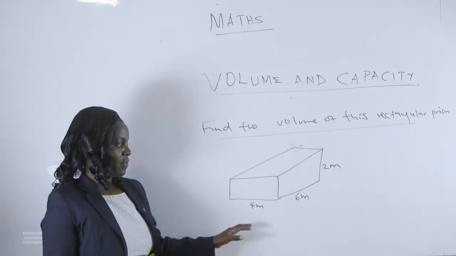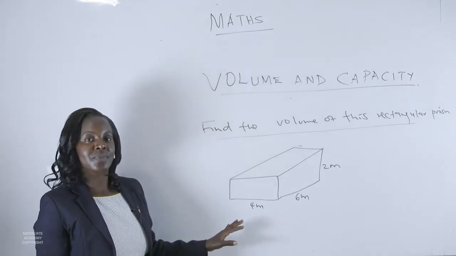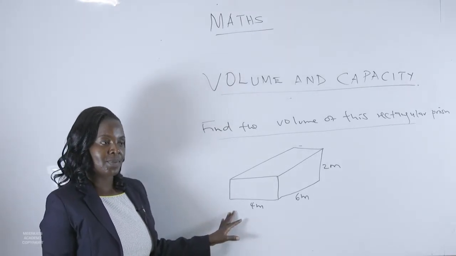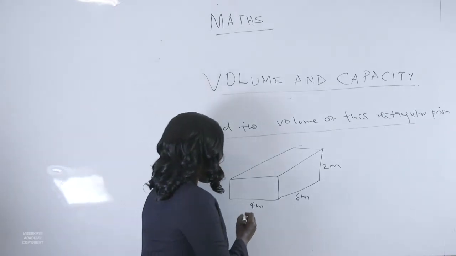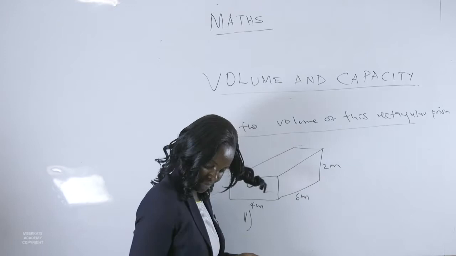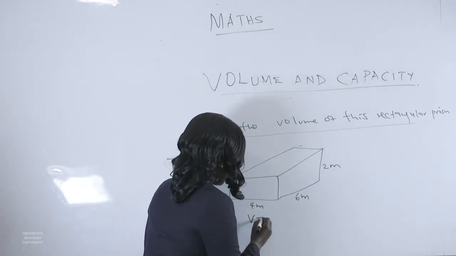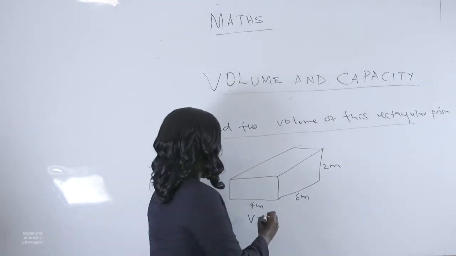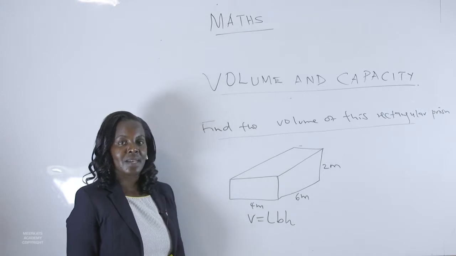We have a rectangular prism. We are told to find the volume of this prism. What is the formula for calculating the volume of a rectangular prism? It is got by multiplying the length times the base times the height.